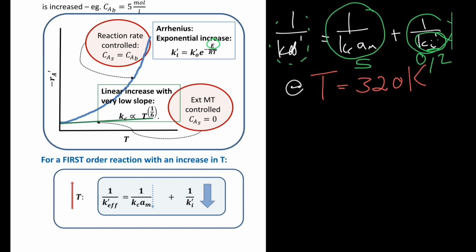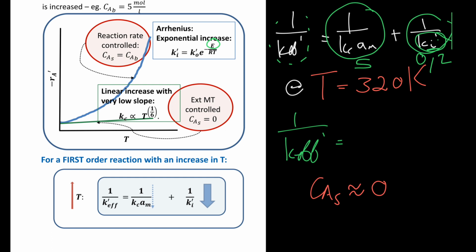So then what I can surmise is that my overall resistance is going to be equal to 5 plus 0.2. It is 5.2, and I can see that I am moving into a regime where the surface concentration is going to become pretty much equal to 0, and where the rate will be controlled by the external diffusion process.